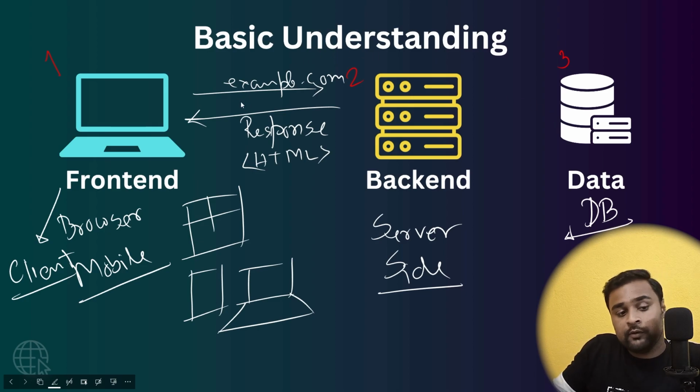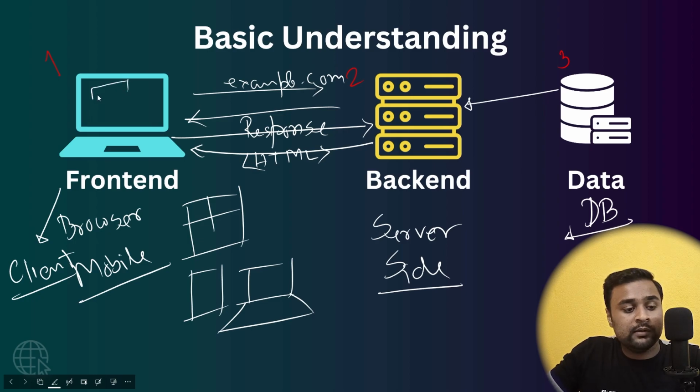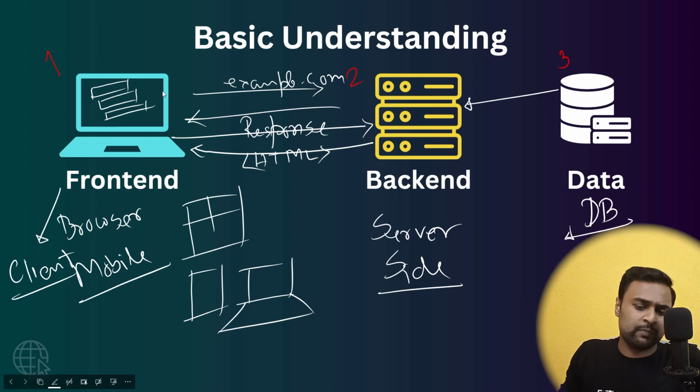So when we are trying to access that from front end, we request the backend, it fetches the data from this database and then responds back to the front end, which then changes the layout with this beautiful thing and it shows to you. That's how the whole web works. This is a very basic thing.